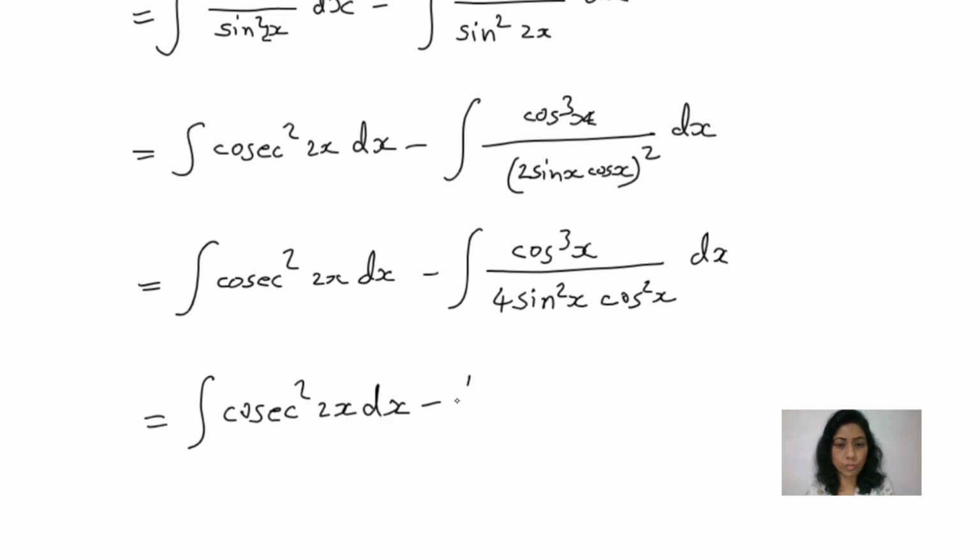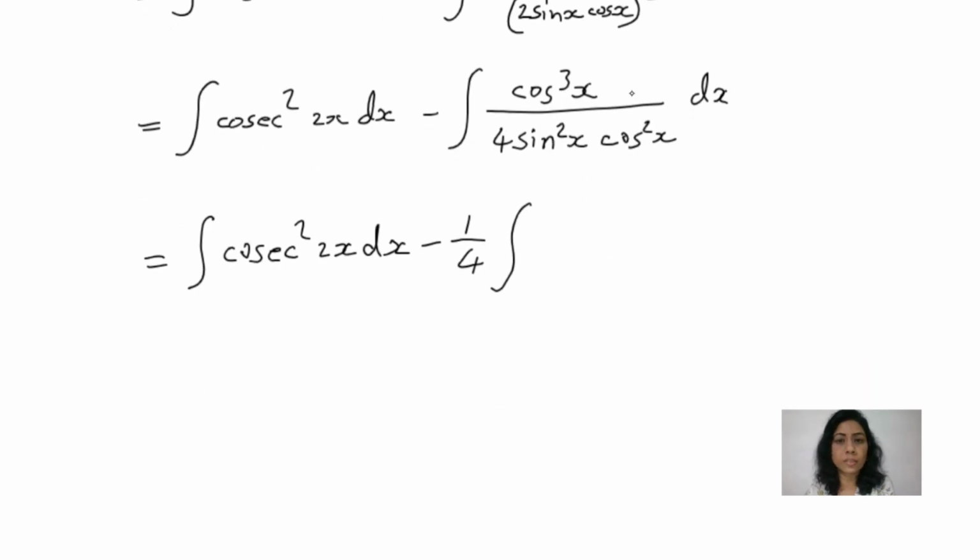Here we can write 1 upon 4 integration cos cube x and cos square x, so here just cos x is left, and here sin square x dx.